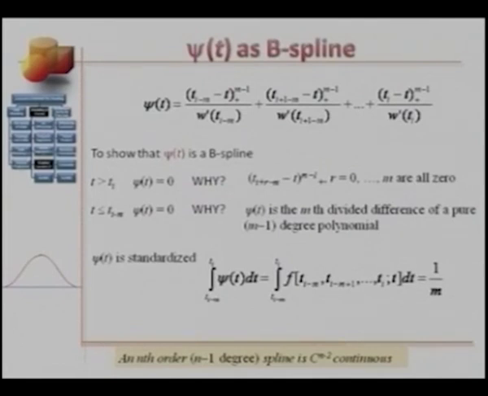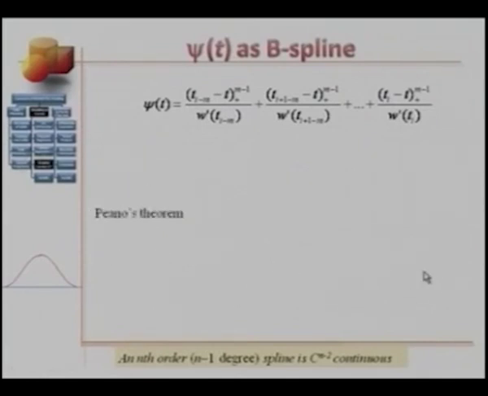We will show that this integration is equal to 1 over m using Peano's theorem, which says that m minus 1 factorial times g within square parentheses ti minus m plus 1 up till ti colon t, where g could be any function here, and this expression is the mth divided difference of g, is equal to the integration from ti minus m to ti of psi of t times the mth derivative of g times dt.